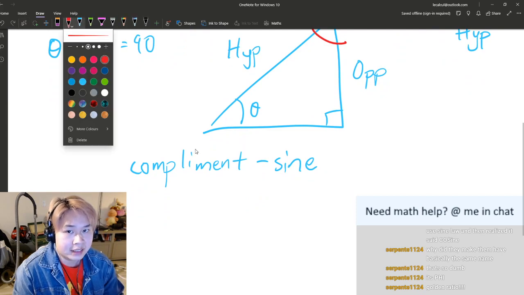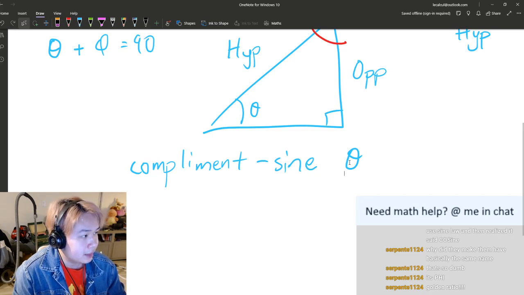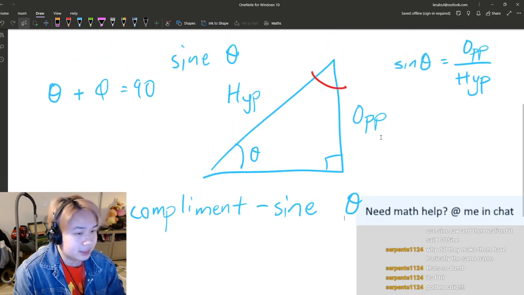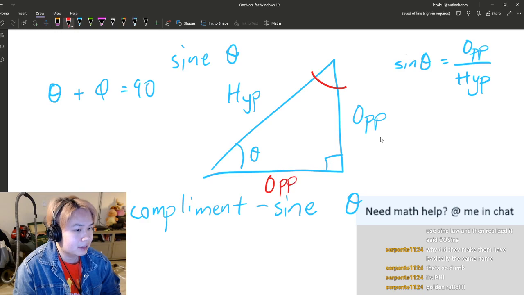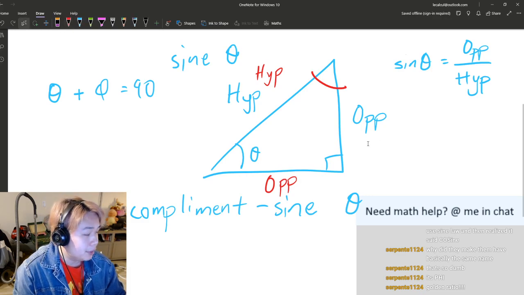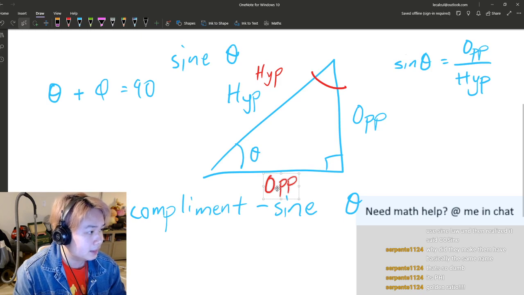So what this is saying is the cosine of theta means you take the sine of the complement. In other words, you're taking this opposite over this hypotenuse. But according to naming using theta, this is the adjacent.